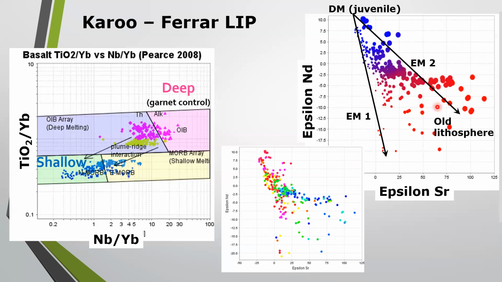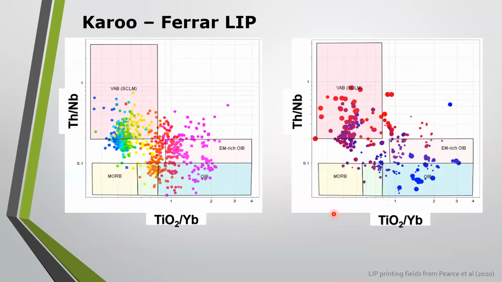All of this stuff out here that might be EM2 or older lithosphere is showing up as a shallower signal, coming back into the subcontinental lithospheric mantle side of things.